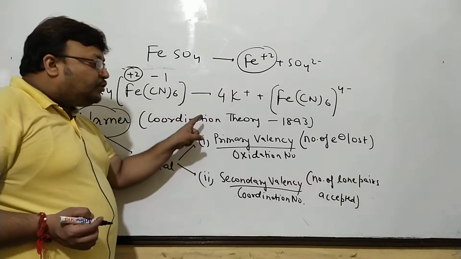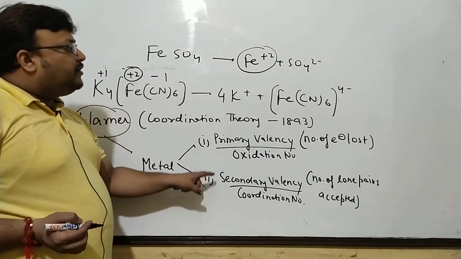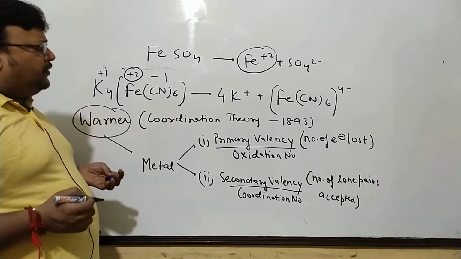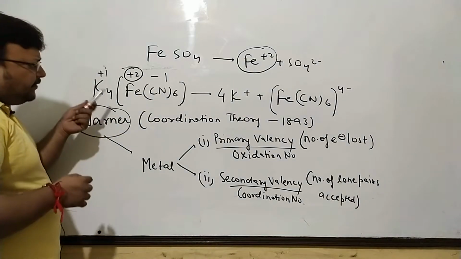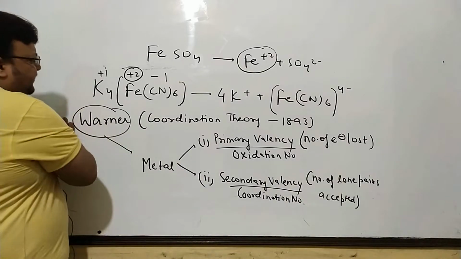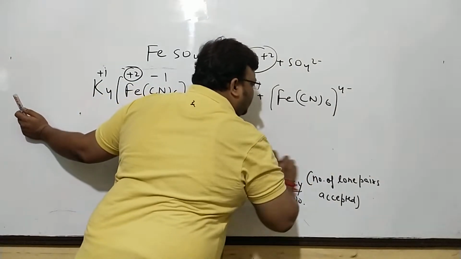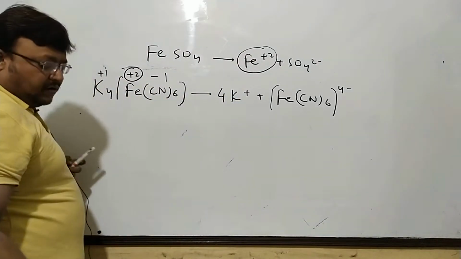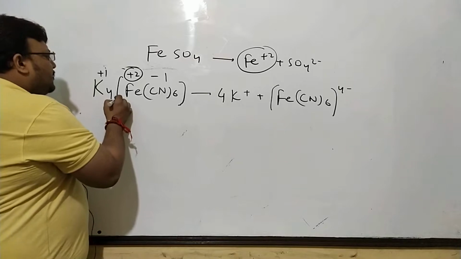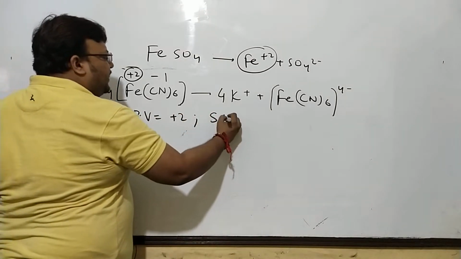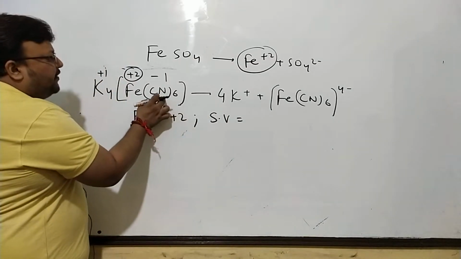it results in the formation of a complex or a coordination compound. In an example like K4[Fe(CN)6], the primary valency or oxidation number is +2, and the secondary valency is the number of lone pairs taken, which is 6.